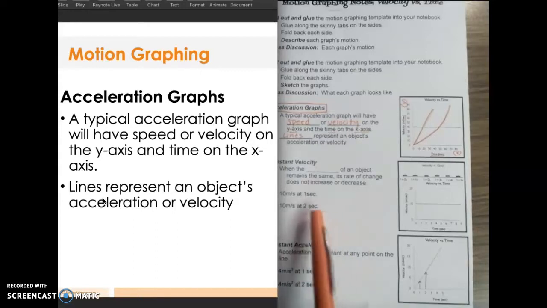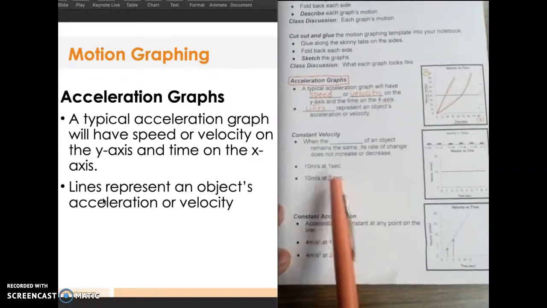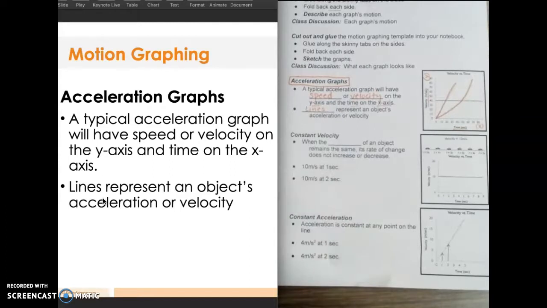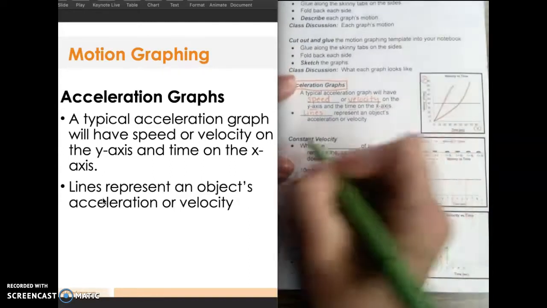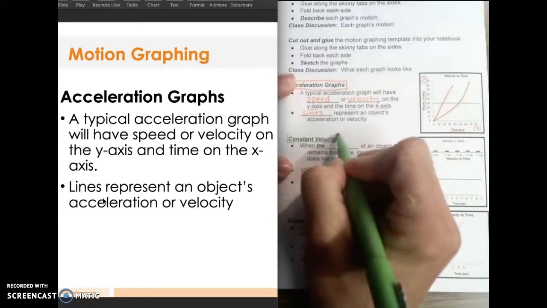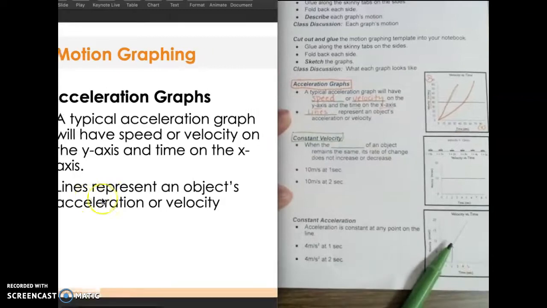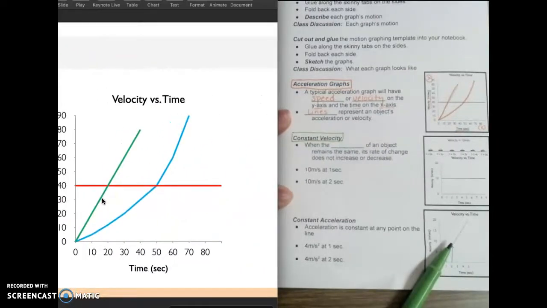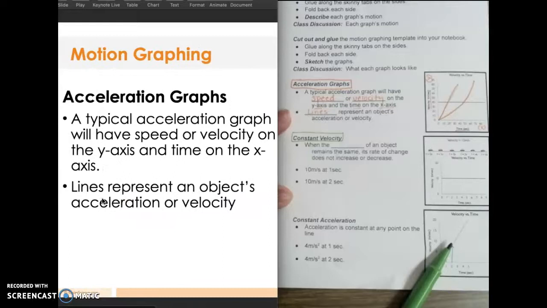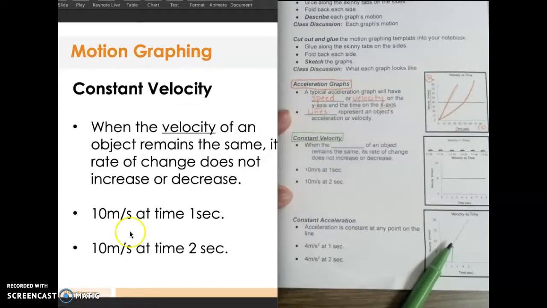Okay, so now we're going to move down to the constant velocity. We'll go green on this one. Okay, constant velocity. Oh, there's our graph. We just looked at that. Constant velocity.